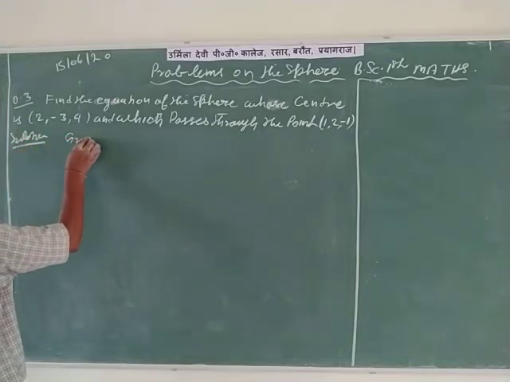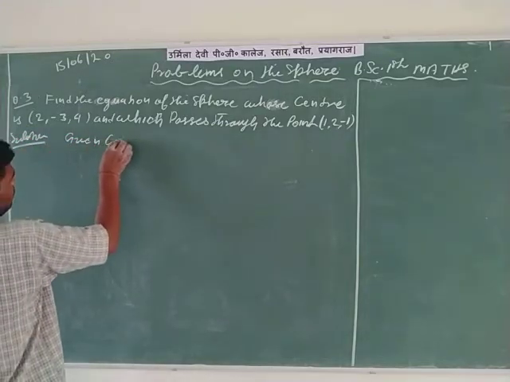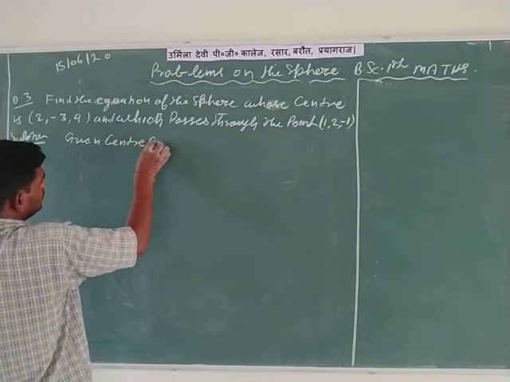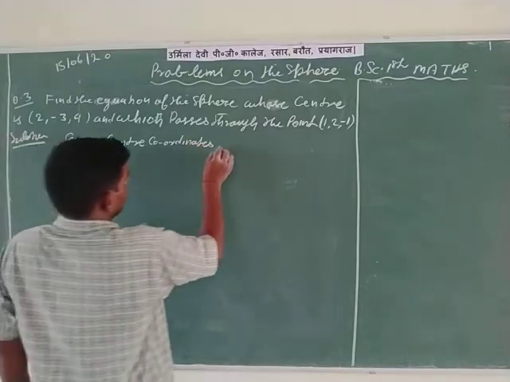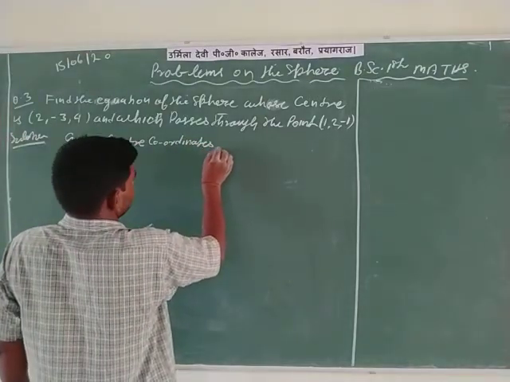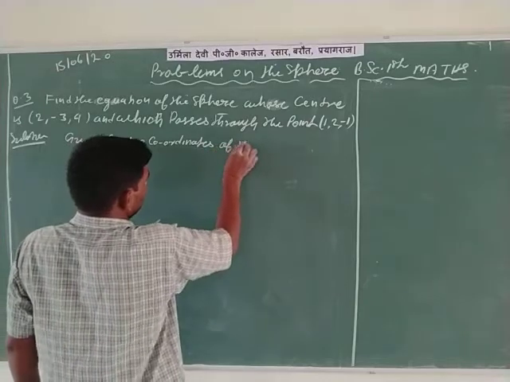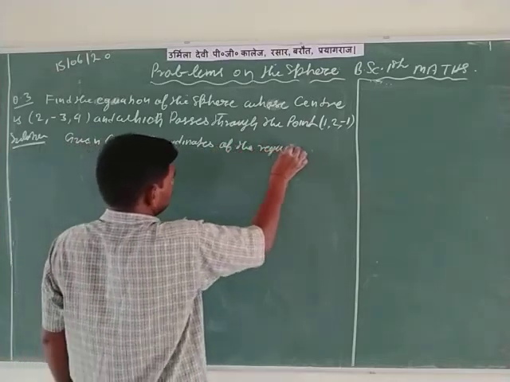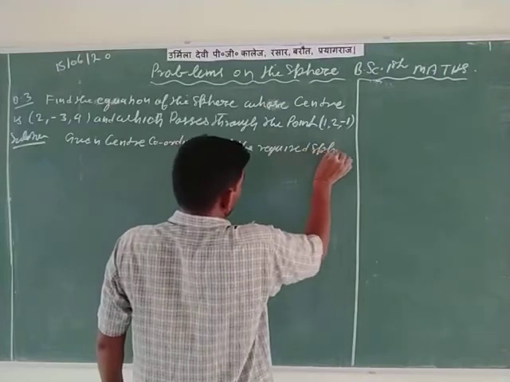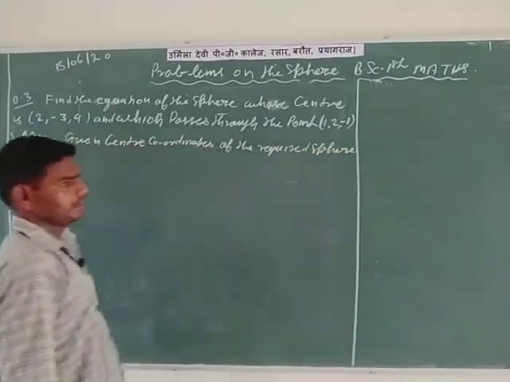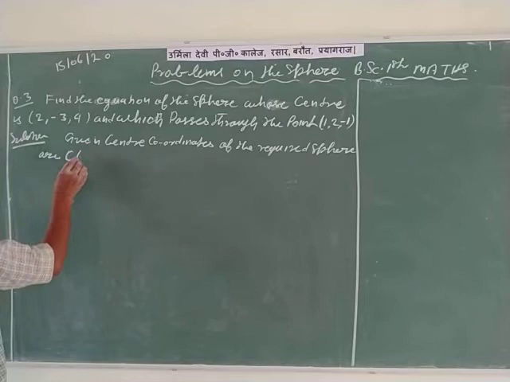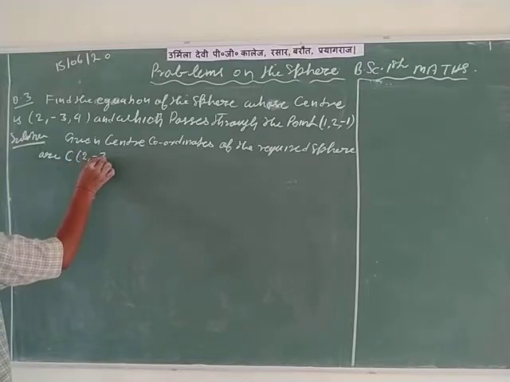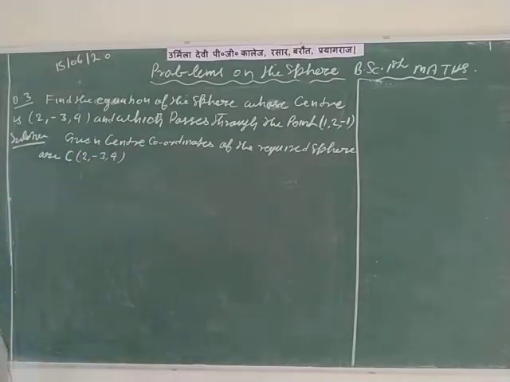Given center coordinates of the required sphere are, suppose that center is capital C, whose coordinates are denoted by 2, -3 and 4 according to the question.